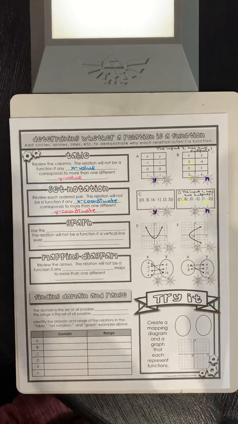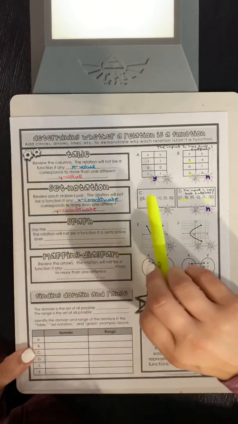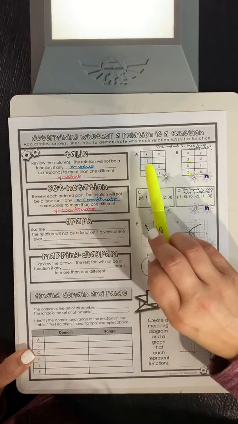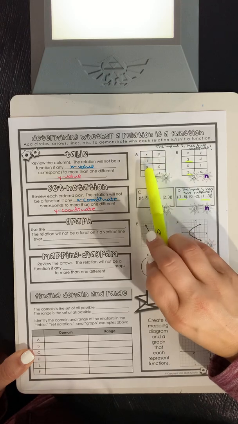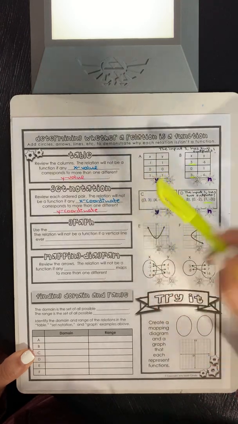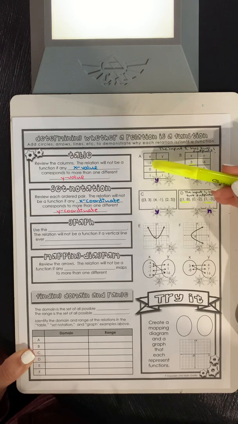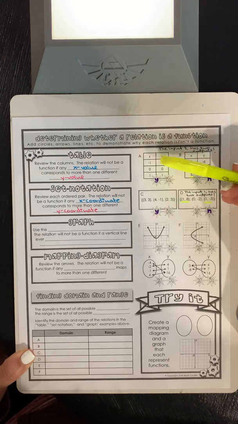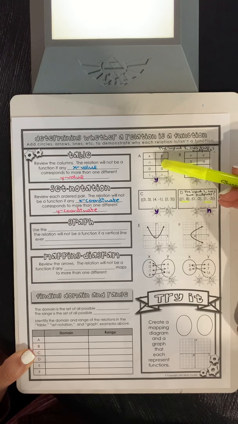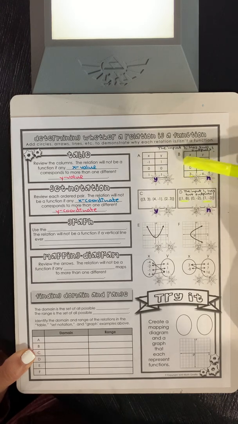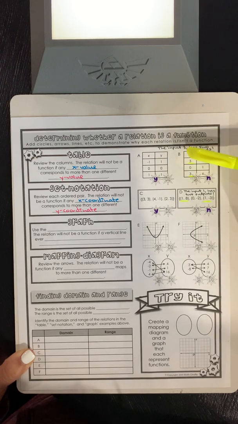Okay. Once again, on Friday, we talked about this first one being a function because each of those inputs produced one output. We see that the output 1 repeated, but that's okay. This -1 only had one output, therefore it was a function. B was an example of not being a function because the input of 3 produced 2 different outputs.